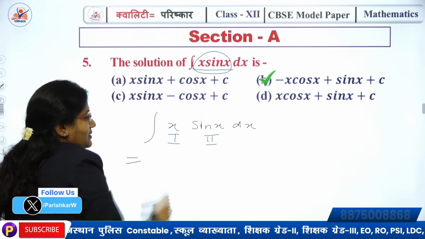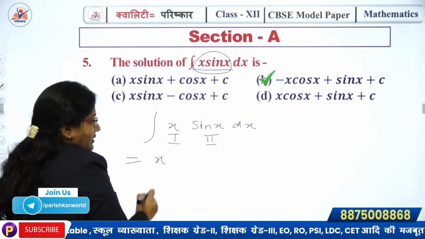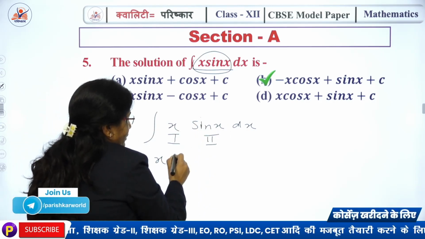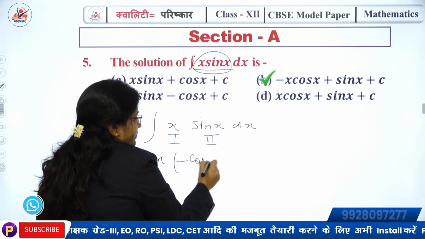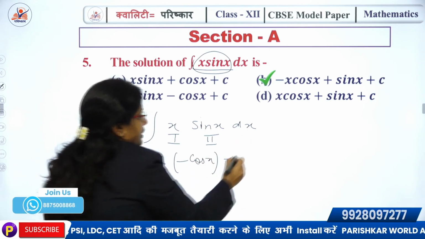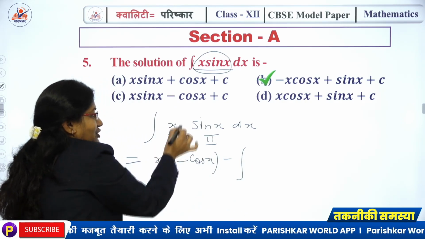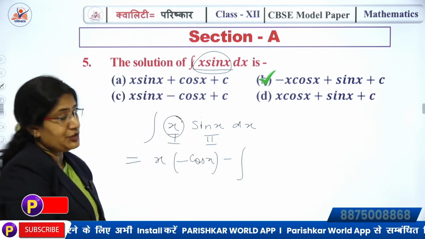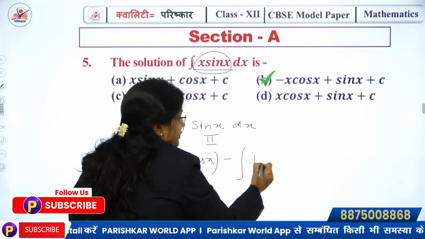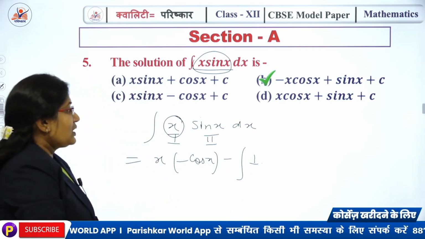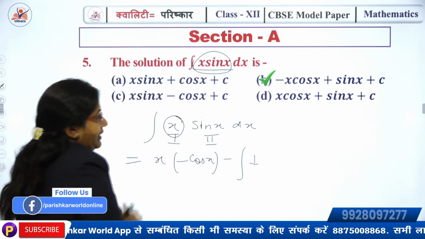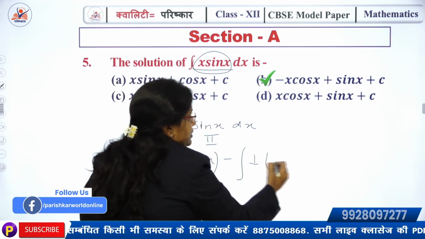The formula says: first function as it is, times the integration of sin x, which is minus cos x, minus the integration of the differentiation of the first function, that is the differentiation of x is 1, times the integration of the second function, and the integration of sin x is minus cos x.